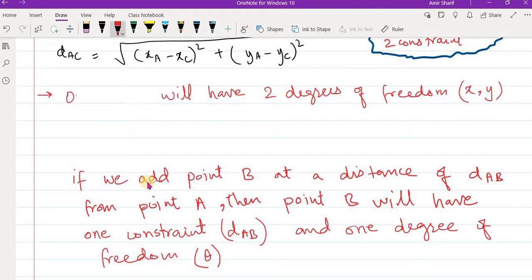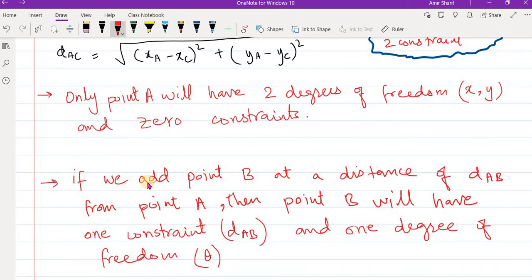Only point A will have 2 degrees of freedom and 0 constraints. I think I forgot to write here point A. If we add point B at a distance of DAB from point A, then point B will have one constraint, which is the radius of the circle, and 1 degree of freedom, which is the rotation.